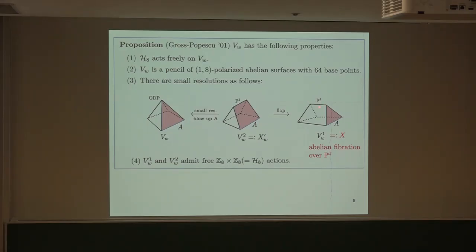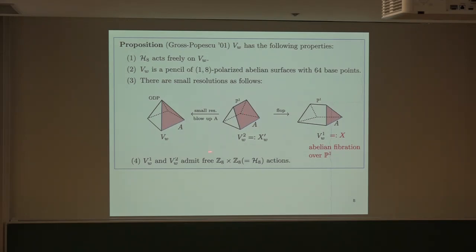So as you see here, this P1 is the parameter. This P1 is the exceptional curve, but it is a parallel. So this means this one-parameter family of abelian surfaces is aligned over P1 in the end. So that's the abelian fibration we will have in this setting.